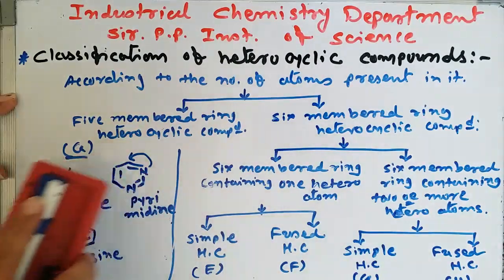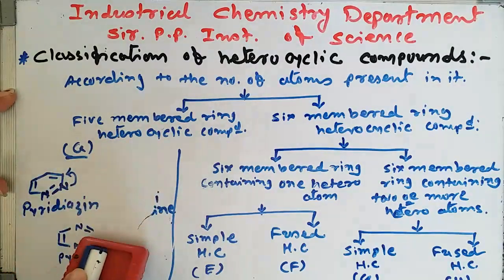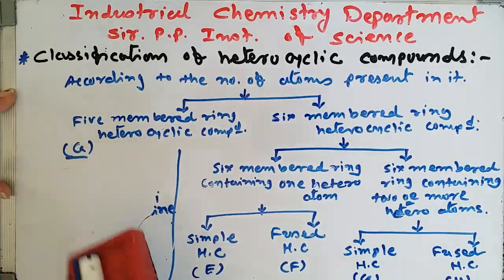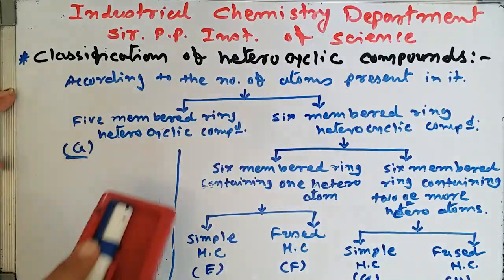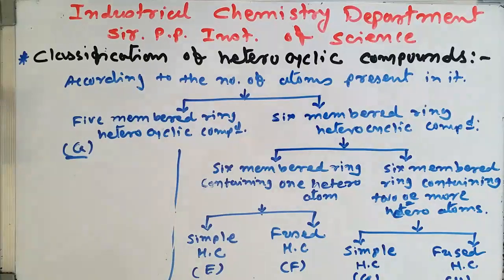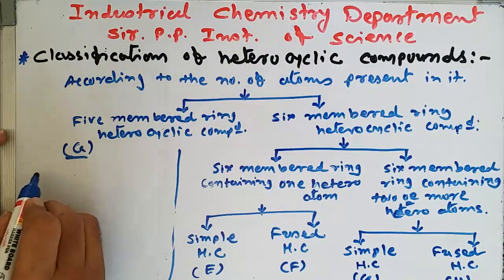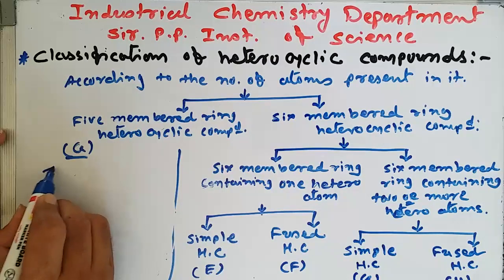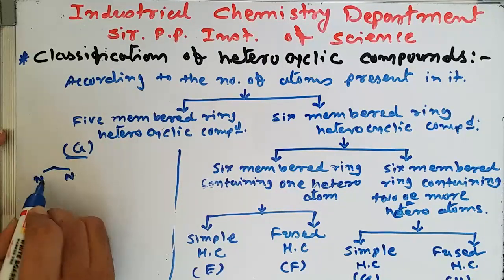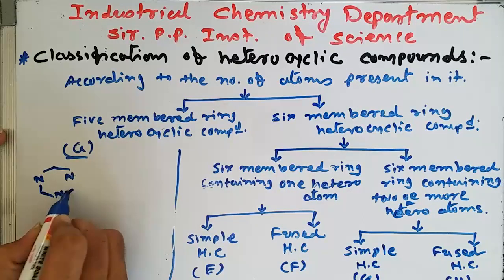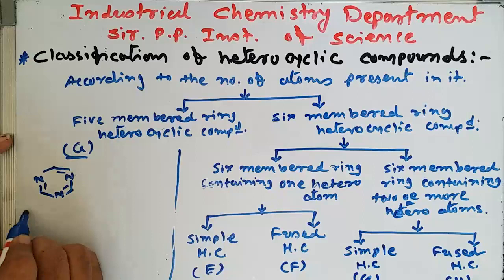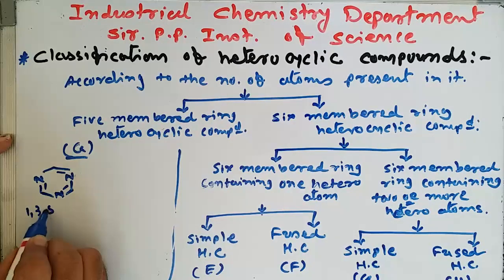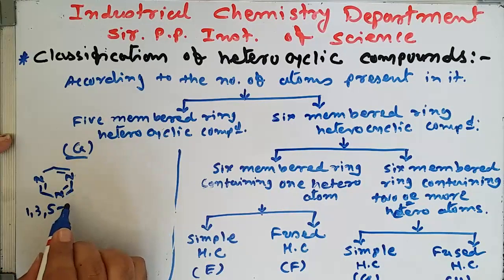Now we see 3 and more heteroatoms in this class G, that is triazine, 1,3,5-triazine.